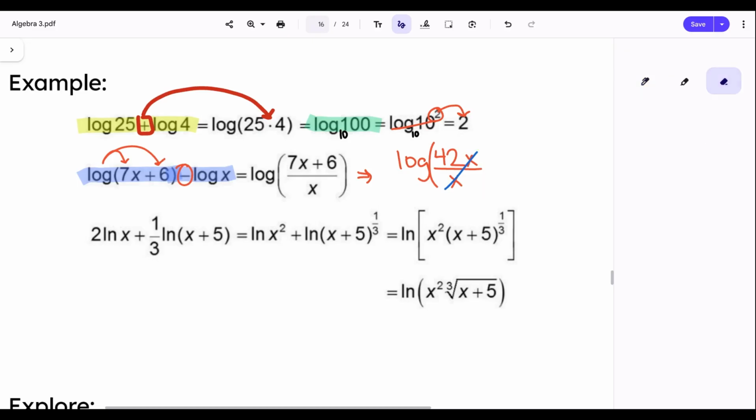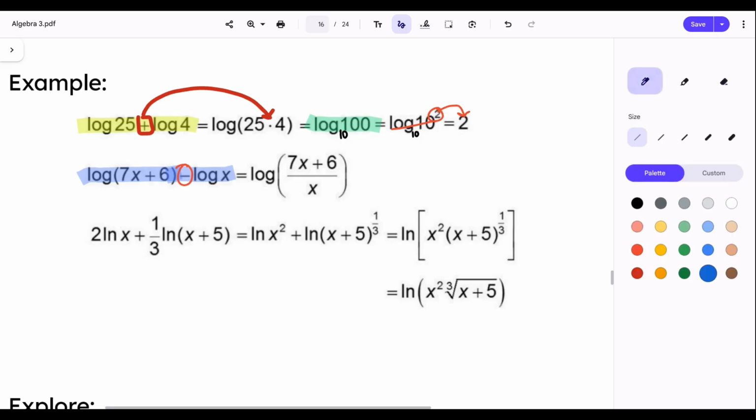Maybe for right now, I'm just going to erase this and leave it here, where we just condensed it using the quotient rule. Let me take a look at that, and I'll circle back to it maybe when you guys are working on your homework today, okay?